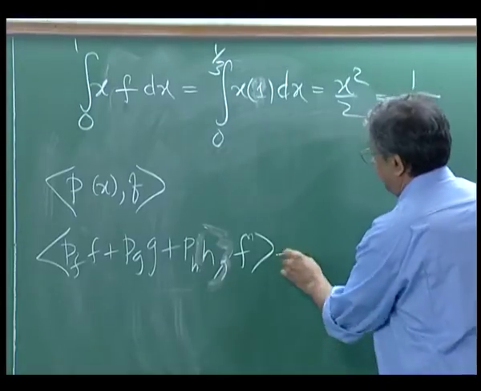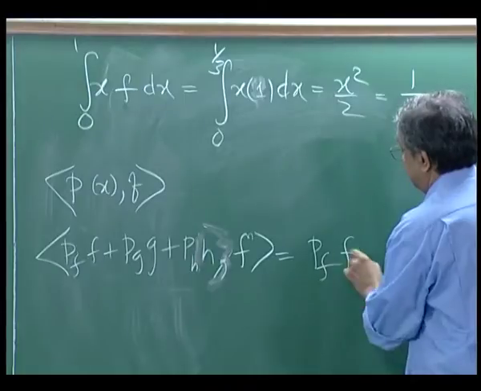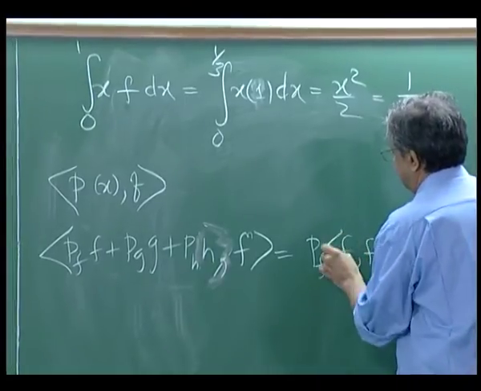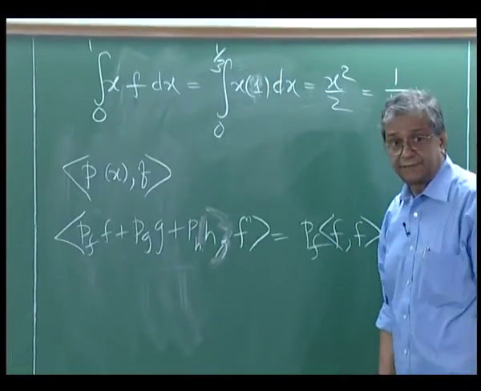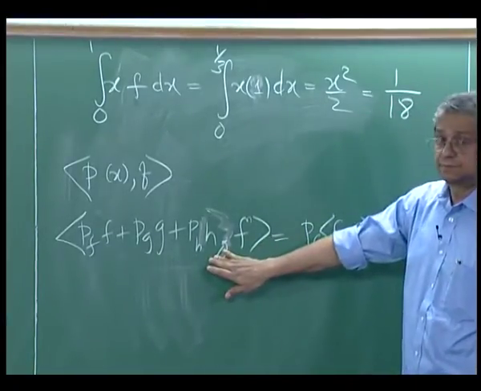What is this quantity? So it is just pf times f dot f. Is that fine? Because f dot g is 0, f dot h is 0.